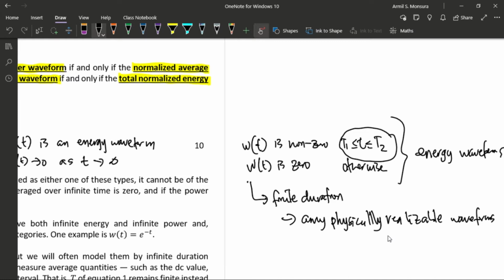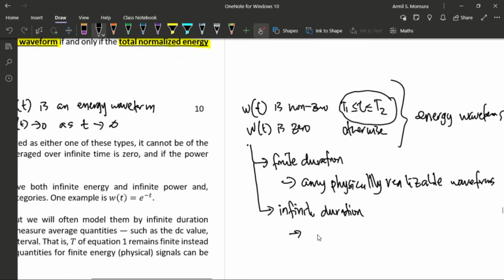Although we have waveforms whose mathematical model implies that the waveform has an infinite duration, as long as the value of your waveform approaches zero as your time approaches infinity, you can still consider that waveform to be an energy waveform.